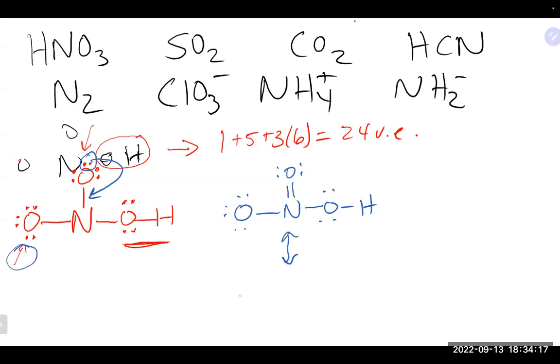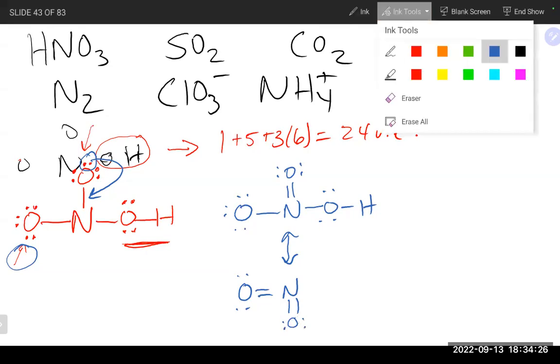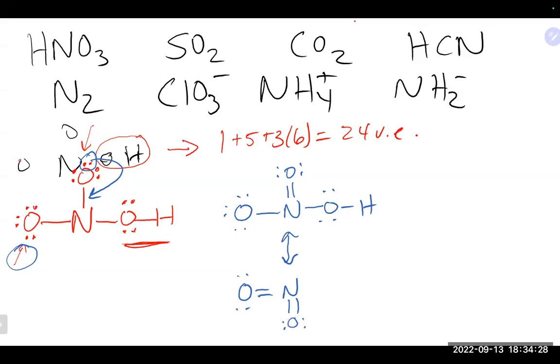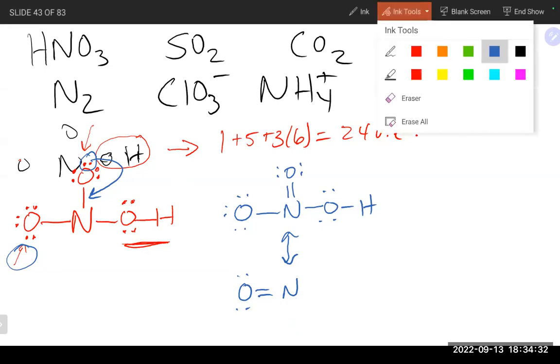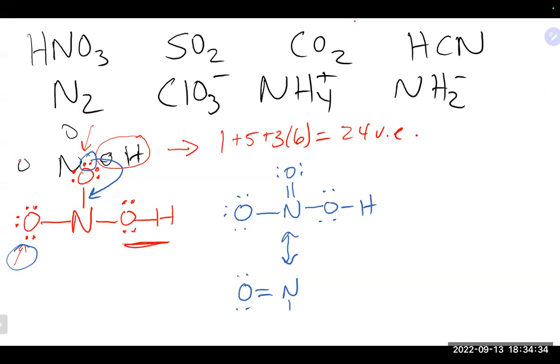We also could have done a resonance structure where we double bonded to this guy instead. And if I did that, I would obviously end up with a picture that looks something like this. I'm just going to put the oxygen on the bottom here, and that should be single bonded at this point. So drop the oxygen this way to save space.